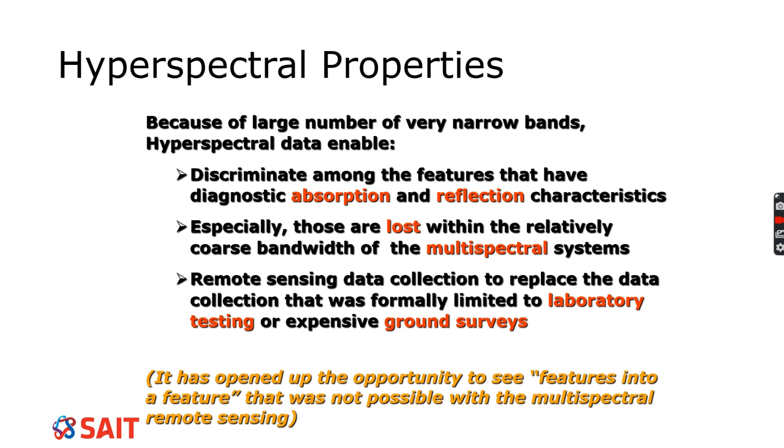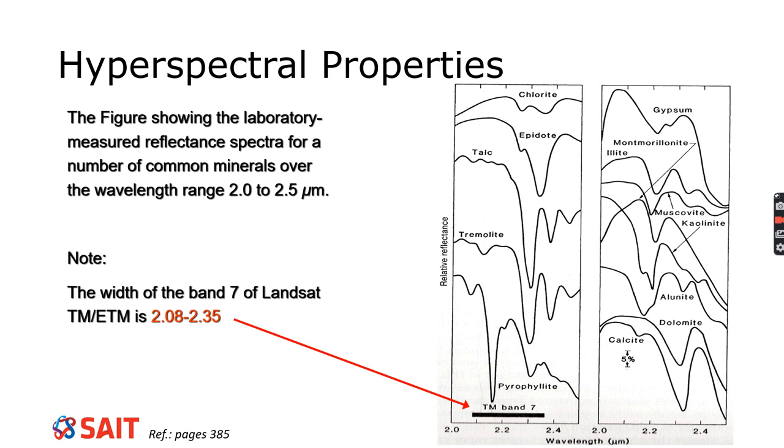This was originally limited to laboratory tests or ground surveys, but now it has moved up: there are a couple of space-based systems, quite a few ground-based ones, and airborne ones as well. So we can now see features that we couldn't before. Here's an example.